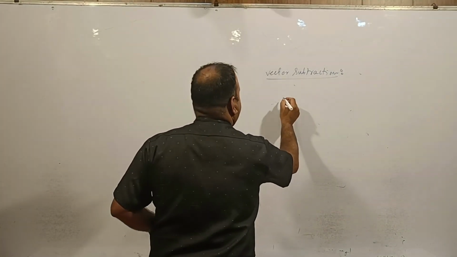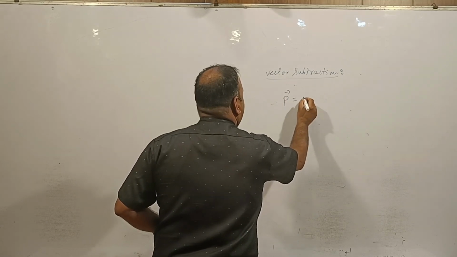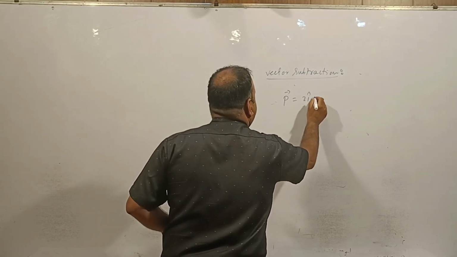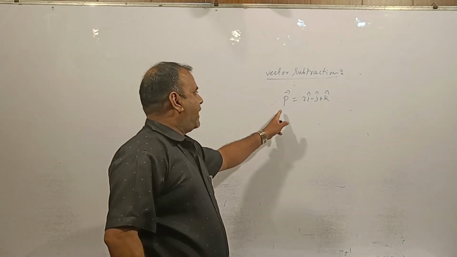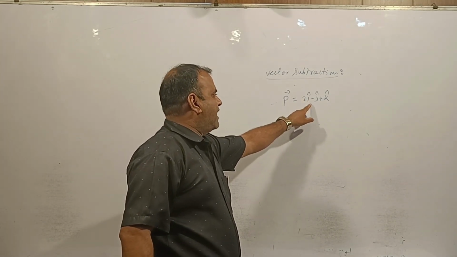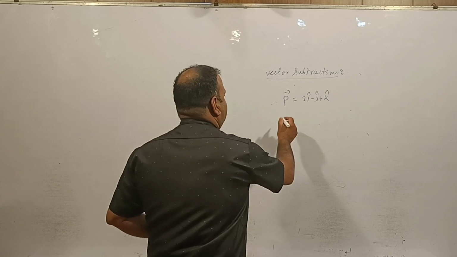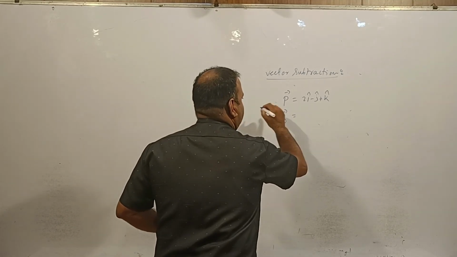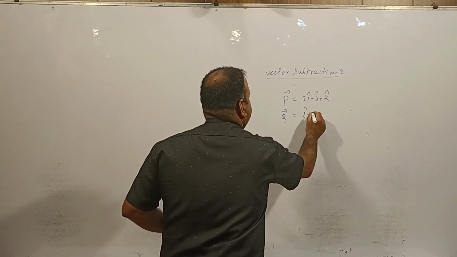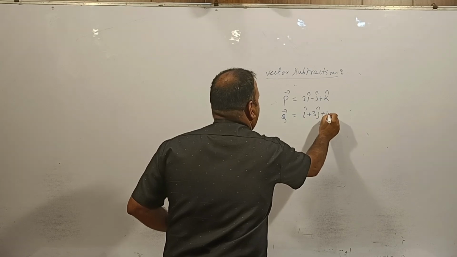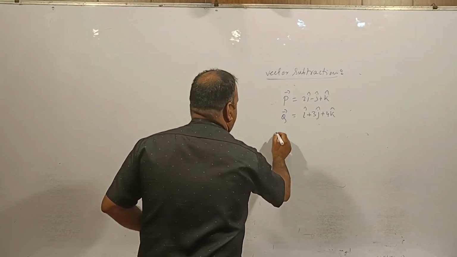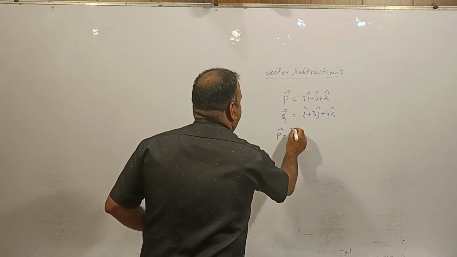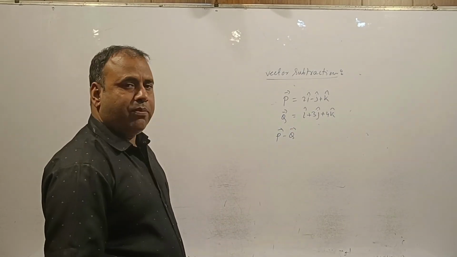Suppose I consider here P is a vector whose value is 2i cap minus j cap plus k cap, and Q is another vector which is given as i cap plus 3j cap plus 4k cap. So in this case the vector subtraction will be like this: P vector minus Q vector.